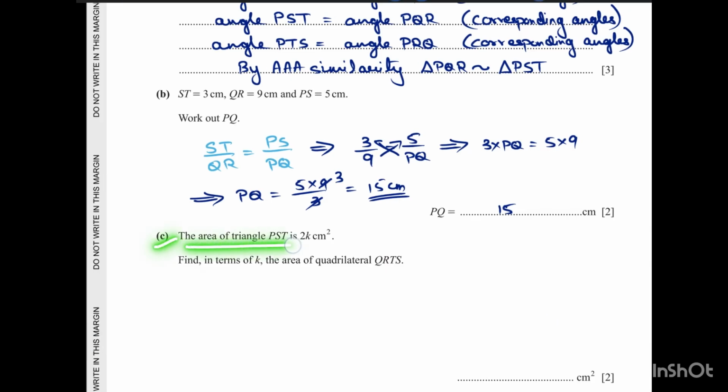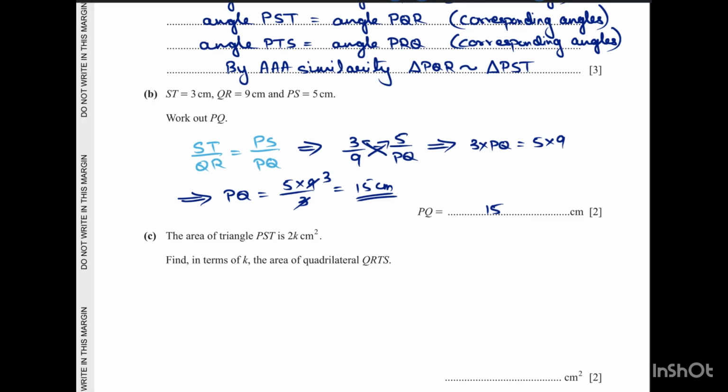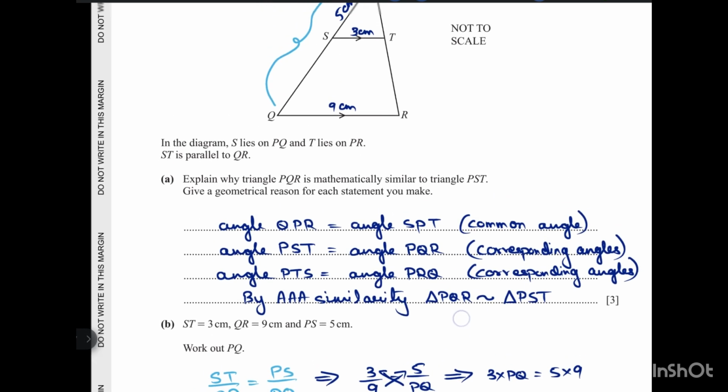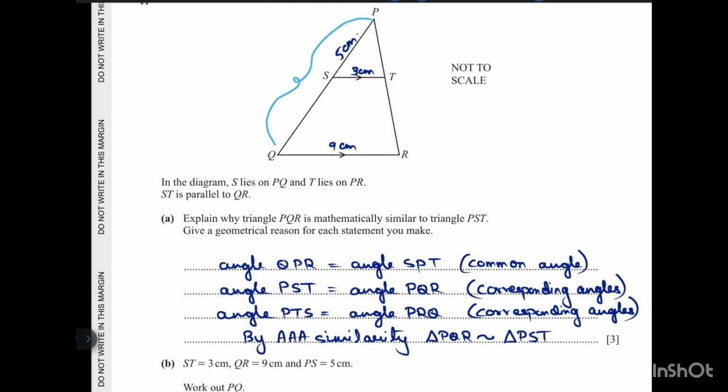The area of triangle PST is 2K centimeter square. Find in terms of K the area of quadrilateral QRTS. They are asking us to find the area of the quadrilateral. Let us see the figure once again. Yes, they are asking us to find this area.